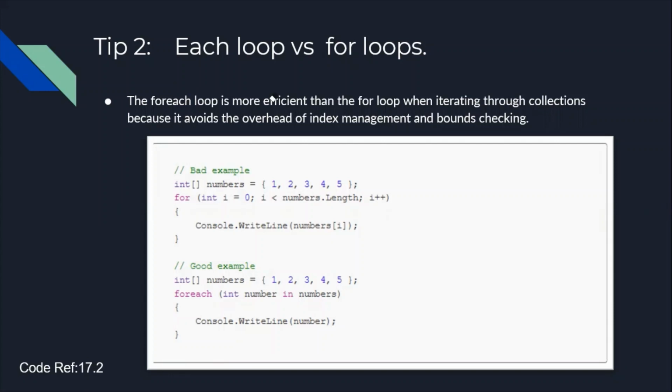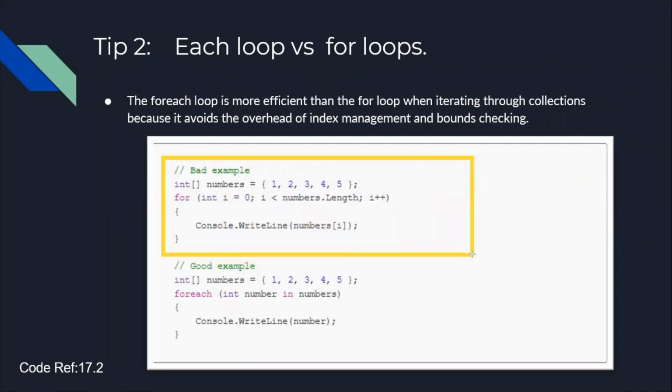The bad example, as we can see, is a traditional for loop: for int i equals 0, i less than numbers.Length, i plus plus, Console.WriteLine numbers[i], where the array holds 1, 2, 3, 4, and 5. I consider this a bad example as you are iterating over a collection but using a traditional loop.